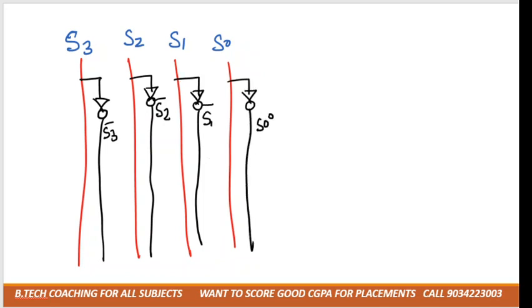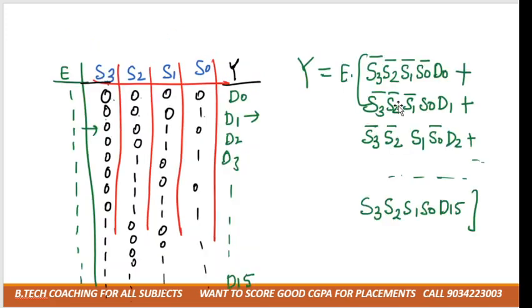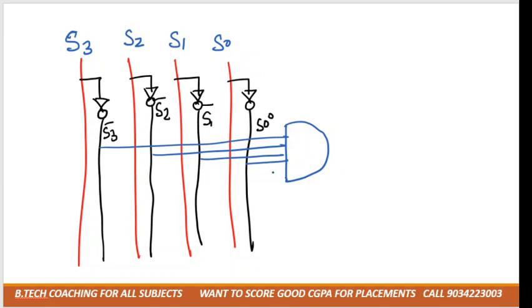So let's see our first term: S3 bar, S2 bar, S1 bar, S0 bar, all are bar. From the black line we connect S3 bar, S2 bar, S1 bar and S0 bar. All are in multiplication, so we provide an AND gate, and one more input is there, D0, as it is.